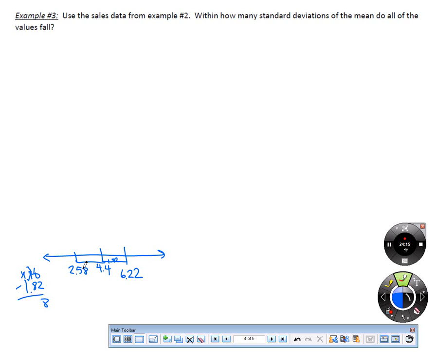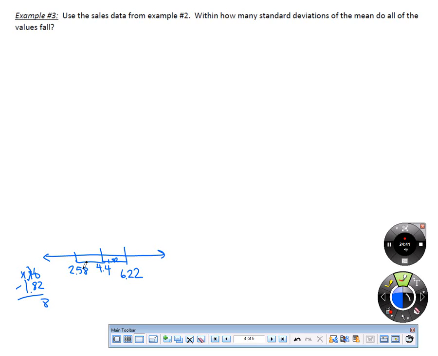Okay. And again, you might say, well, I think that varies a lot. That's what you think, but according to the data, these numbers aren't that much variance from the mean because they're within one standard deviation. We use the data to determine how far away is too far away, right? Okay. So look back at your data in number 2 to answer the question here. It said within how many standard deviations of the mean do all the data values fall?